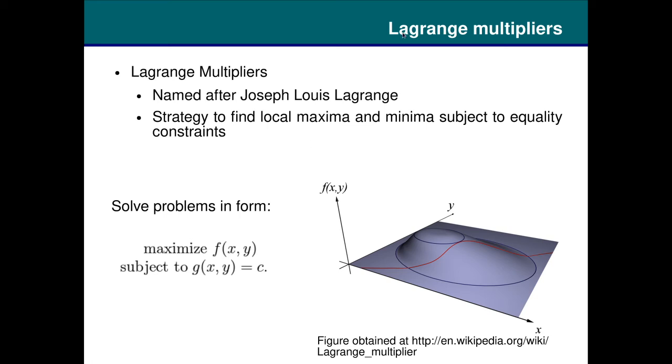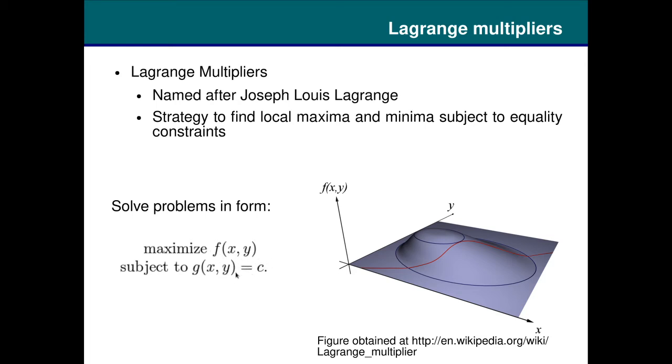What are the Lagrange multipliers? It is named after Joseph Louis Lagrange, who studied this kind of optimization problem, in which we are trying to solve either a minimization or a maximization problem subject to some equality.